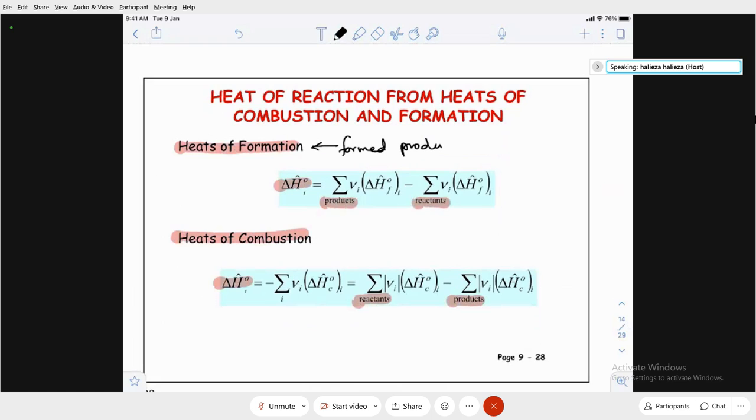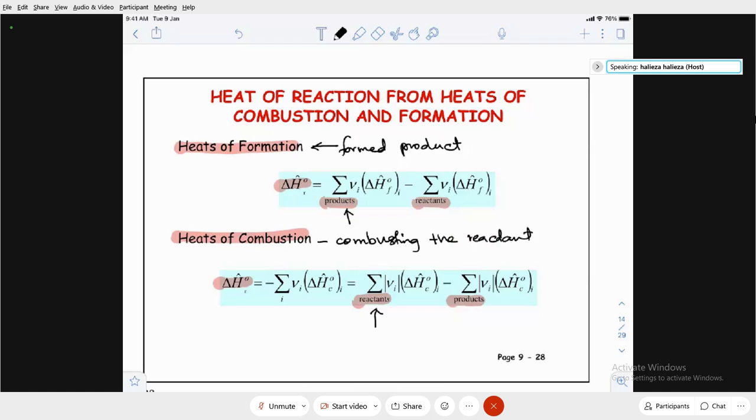You form product. So the first one should be product. When you look at heat of combustion, you'll be burning or combusting the reactant. You'll be burning or reacting the reactant. So the first term will be your reactant. That's how you remember.